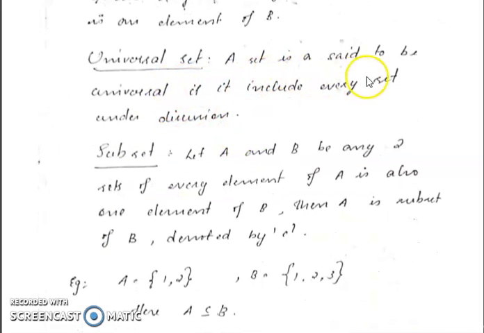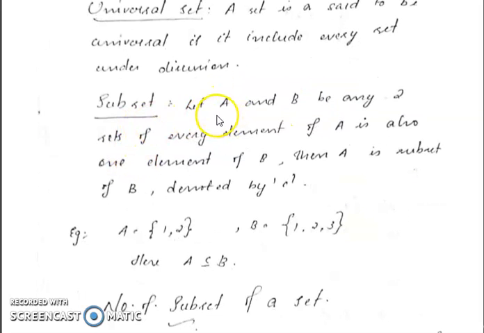Universal set: a set is said to be universal if it includes every set under discussion. Universal means that it is the main set, so all other sets are subsets of this universal set. Subset: let A and B be any two sets.